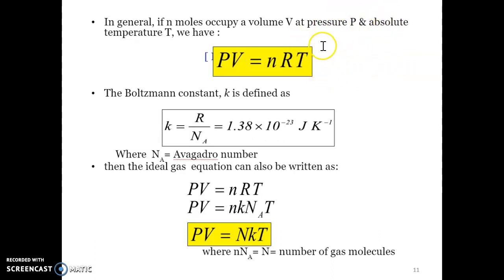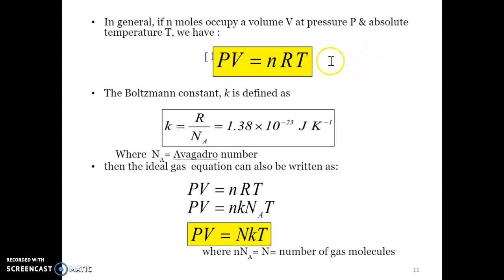So why do we mention ideal? Why is the word ideal used? Because for the gas that we are learning now, we assume that they are ideal. We're going to look later in the content that ideal means all the gas molecules have the same volume, and a few more conditions.